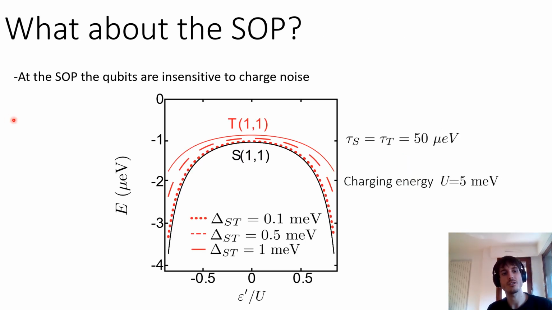Another relevant question related to the exchange coupling is what happens at the symmetric operating point. This working point is far away from the charge anti-crossings, so you may expect that low-lying triplets are not very important. And we have here a plot of the energy of the singlet and triplet states as a function of the tuning, centered at the symmetric operating point.